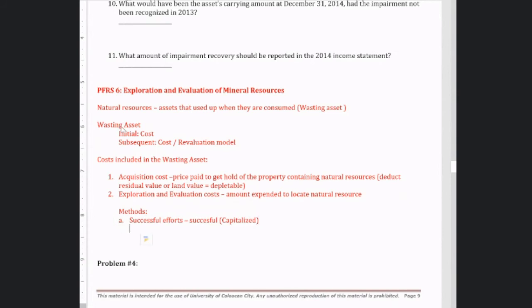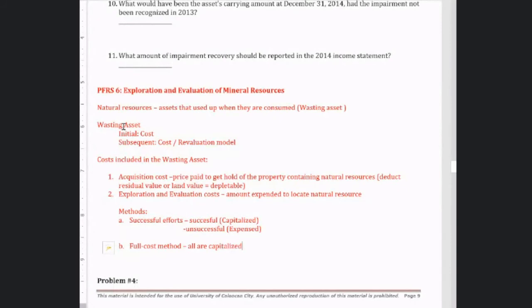And then kapag unsuccessful, it is expensed outright. Next method, ito yung ginagamit ng mga small mining companies, full cost method. Full cost method, all are capitalized, whether successful or unsuccessful.